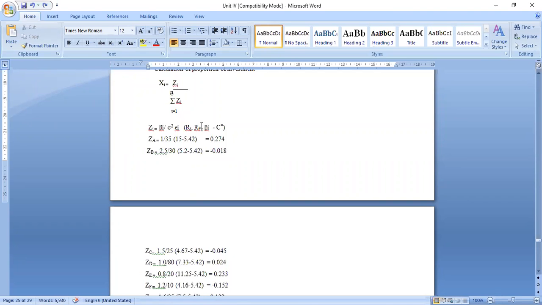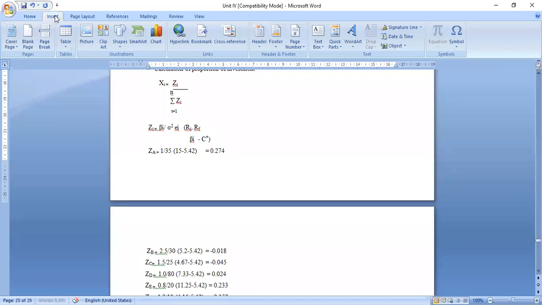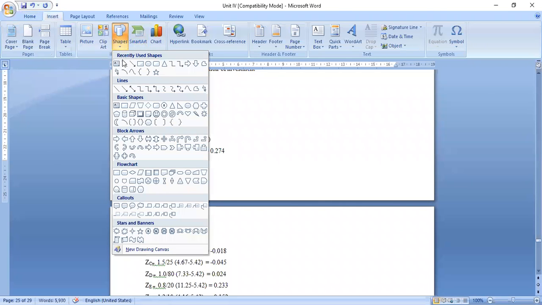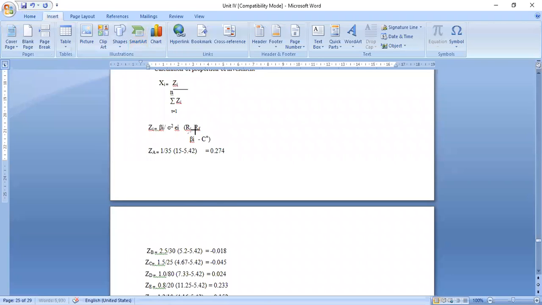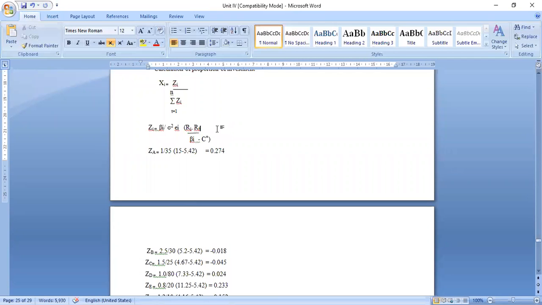Ri minus Rf divided by Beta i, this is then minus C star. So it is going to be like this: Ri minus Rf divided by Beta i minus C star. Okay, understood.